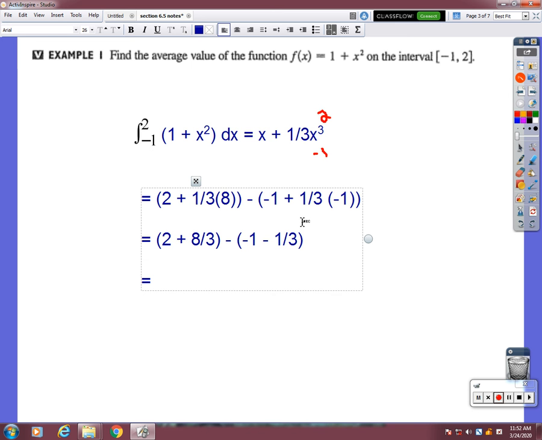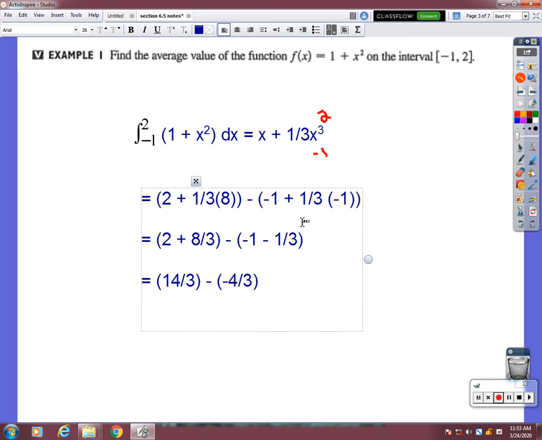Equals, let's see, let's go to thirds here. So 2 is 6/3 plus 8/3 makes 14/3 on this side, minus -1 is 3/3 minus another third is -4/3.